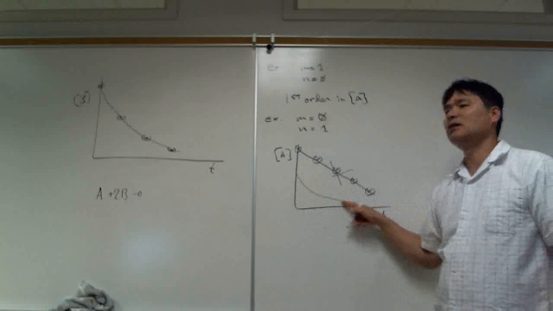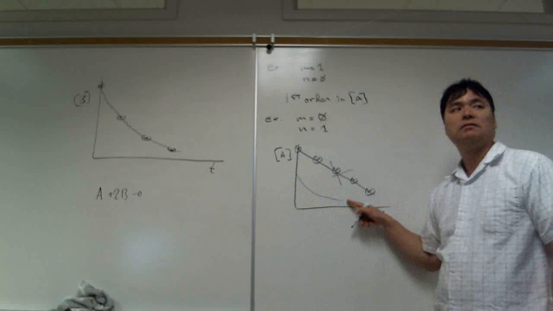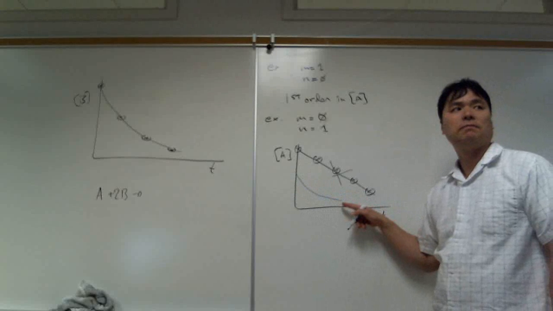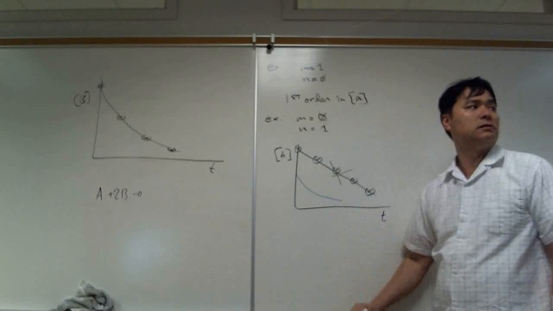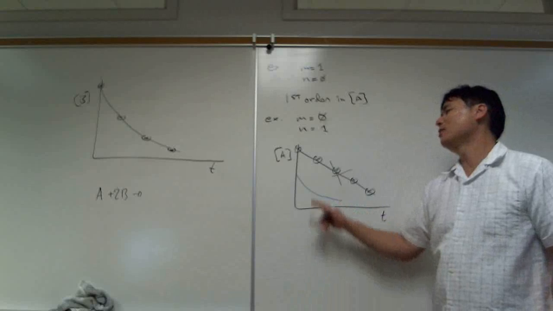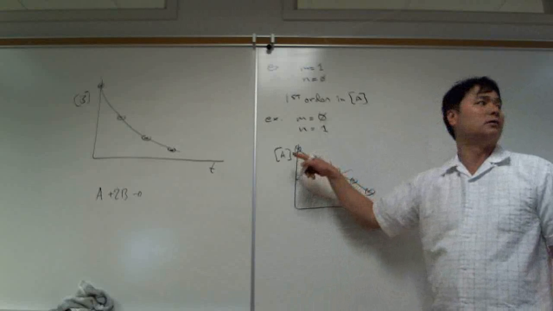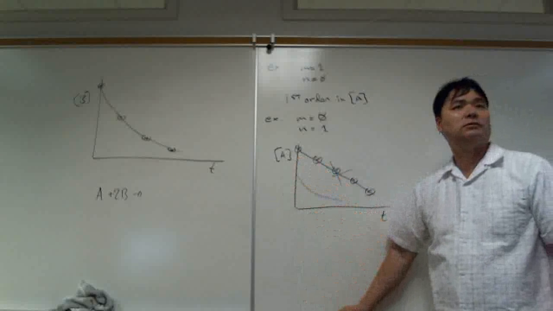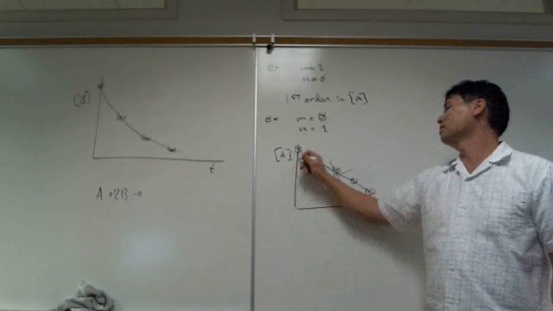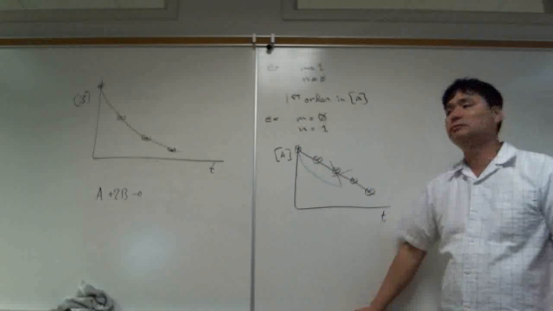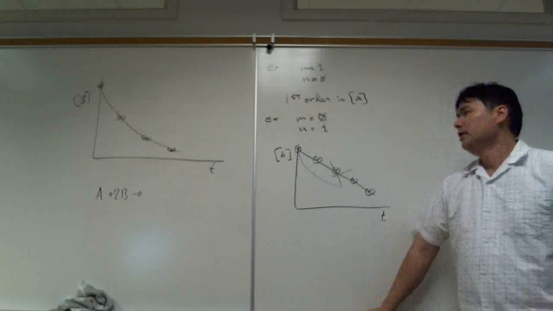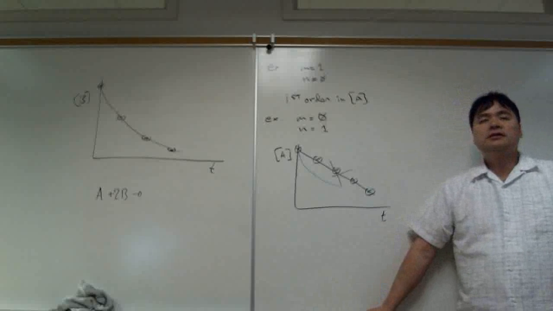It's got to be a curve, right? Does that make sense? The initial is whatever you want, and then you're just going to consume it. If we start at the same initial, just consume it like that. Does that make sense?